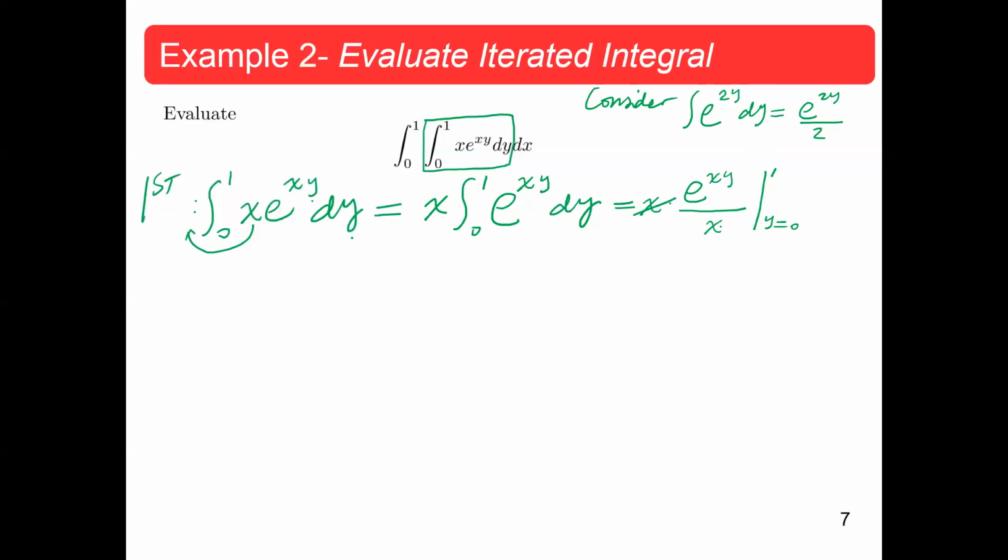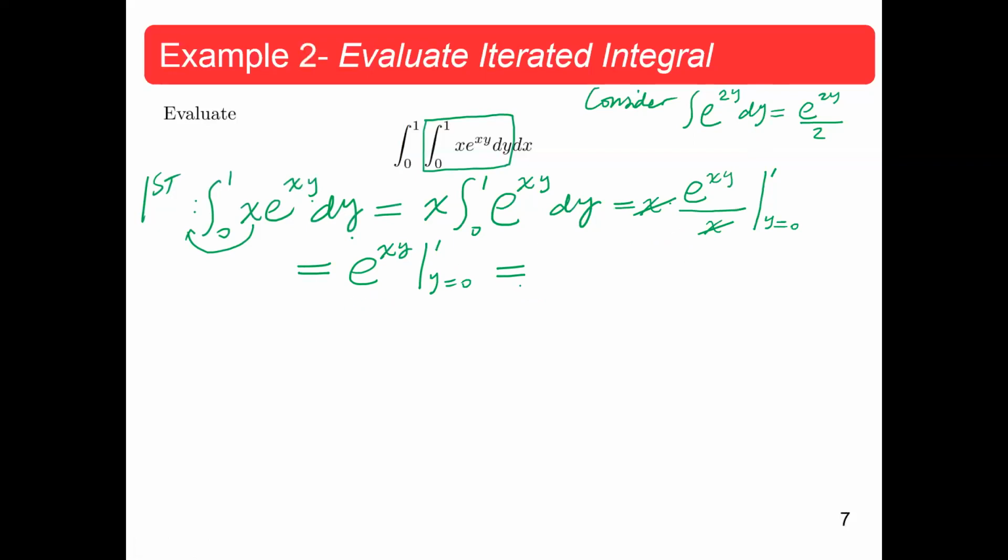Therefore the x and x are reduced. In general, the antiderivative in this case will just be e to the xy, and y goes from 0 to 1, right? Okay.